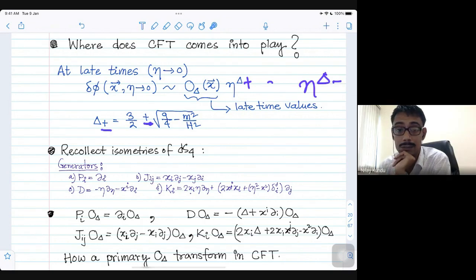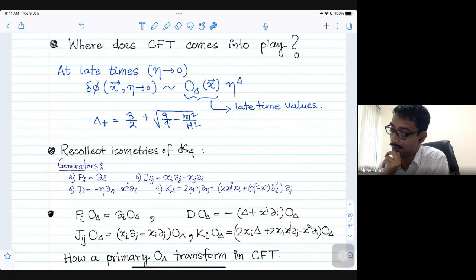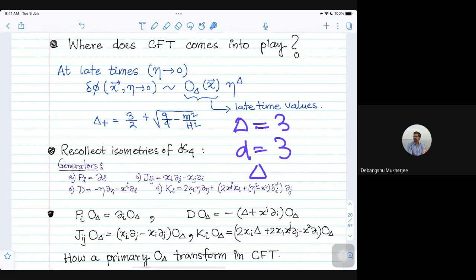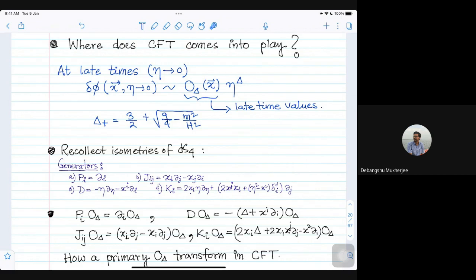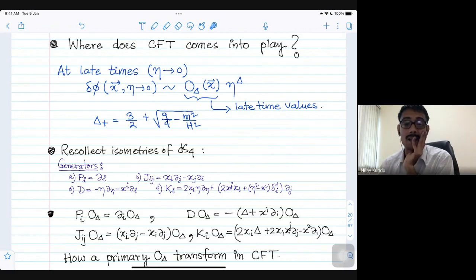As you know very well, this delta equals 3 in D equals 3 dimensions is related to the delta equals 0 mode by something called the shadow transformation. But I didn't want to get into the details.